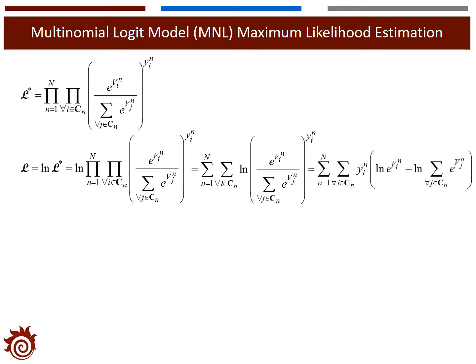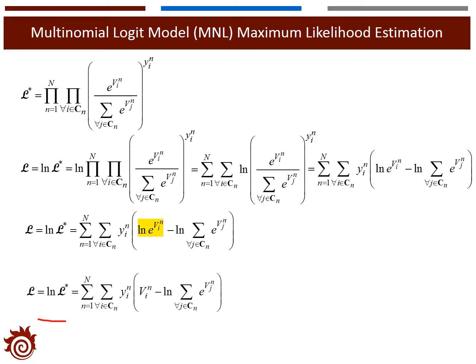And then we can further simplify the probability power to yin, and it will become yin times the log of e to the vin minus the log of the summation of e to the vjn. This formula can be further simplified. The component here will become vin, and that gives us the formula for the log likelihood function.